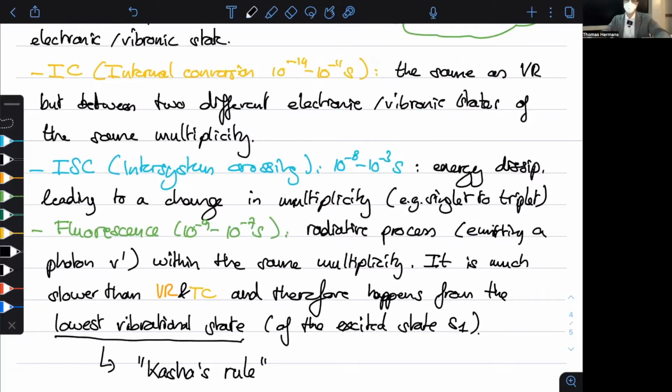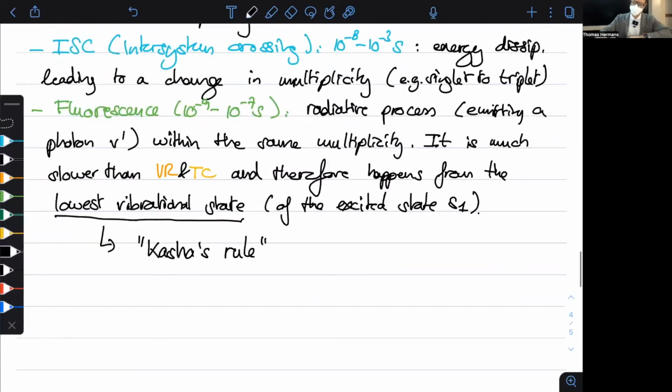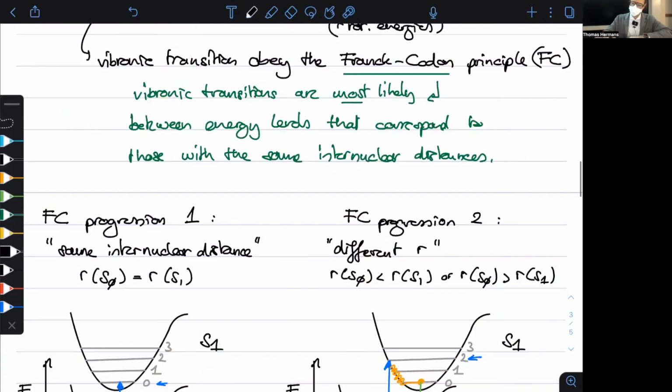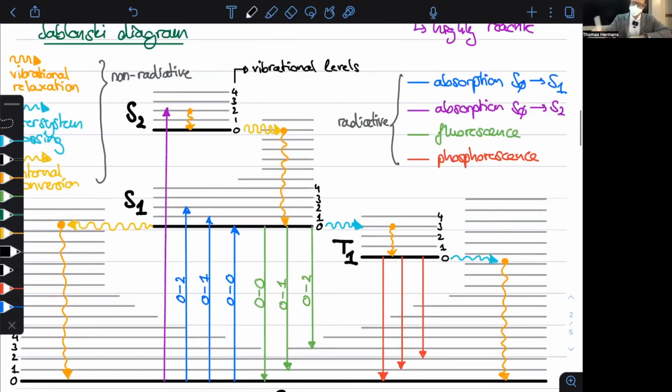So today there are a lot of names for all kinds of things. That's Kasha's rule. Okay, so let's look again at Jablonski. We can only have fluorescence from the lowest vibrational state of S1, right? You never have fluorescence starting from some vibrational level down.